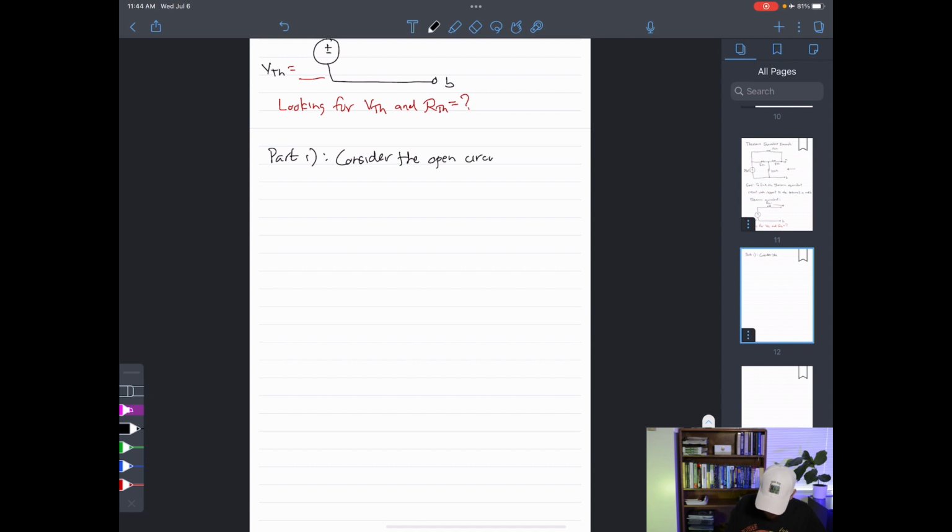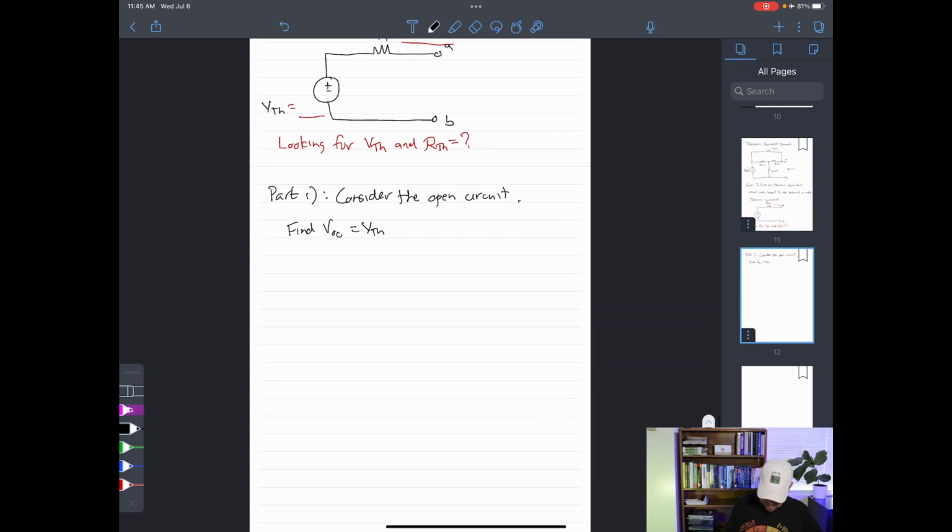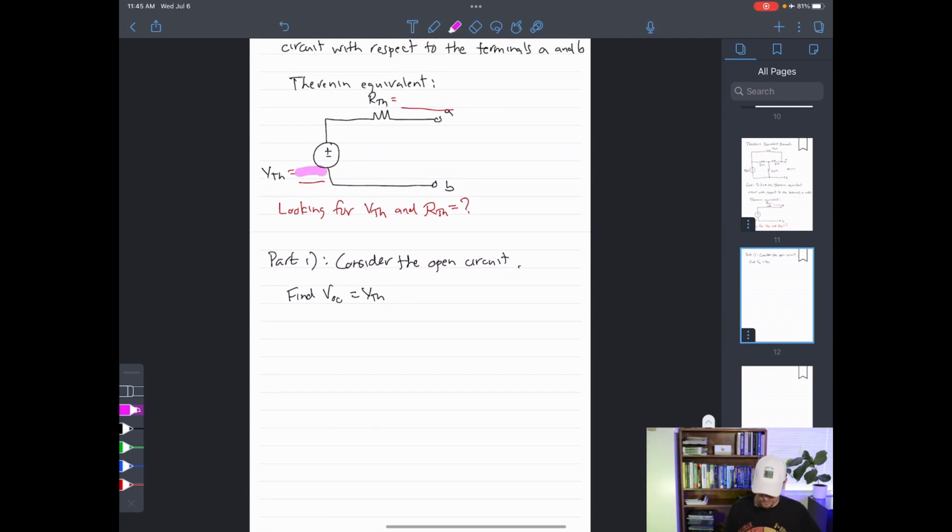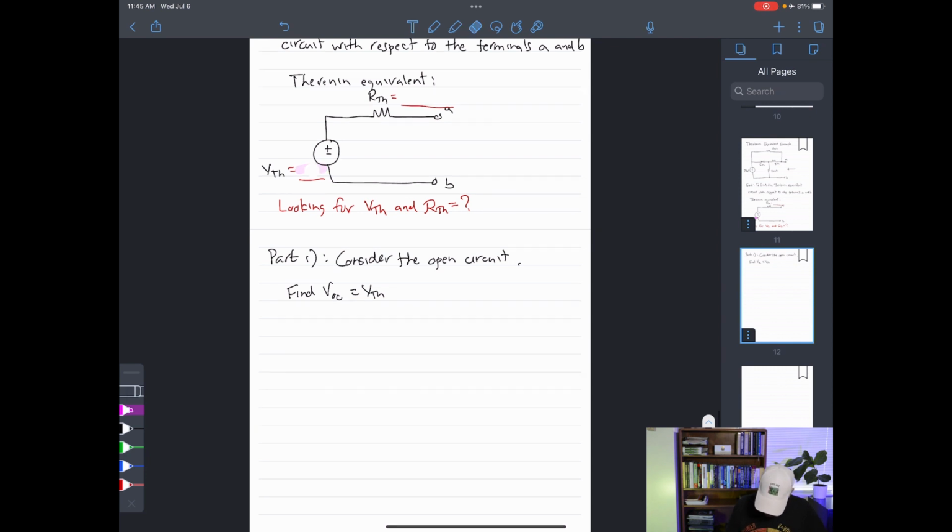This will allow us to find the open circuit voltage, and from theory, this is the Thevenin voltage. So we'll have one of the two pieces of the puzzle that we're looking for. We'll actually use the circuit to find this. So let's draw that open circuit.